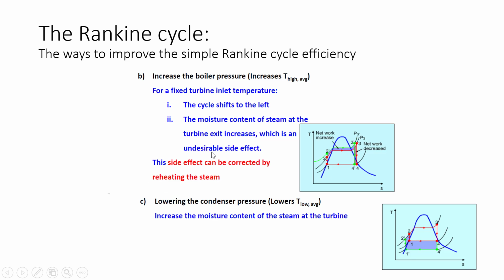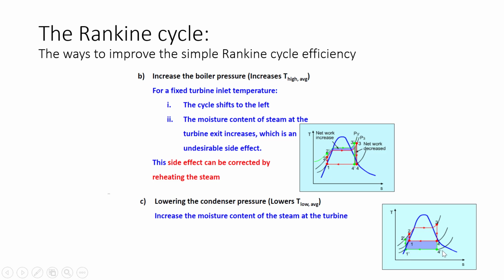Kenapa kita tengok ni semua? Sebab nanti kita akan tengok balik Rankine cycle yang telah diubah, regenerative Rankine cycle. Okay, lowering the condenser pressure. Masa kita rendahkan pressure pada condenser, increase moisture. Sebab apa nak increasekan moisture ni?